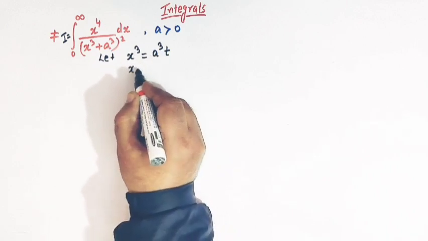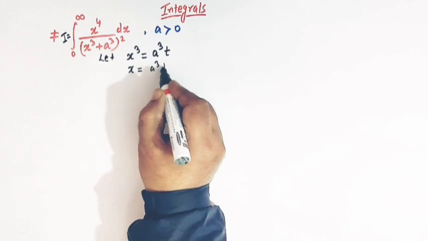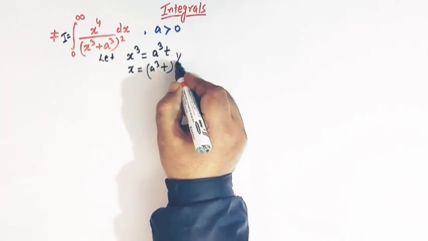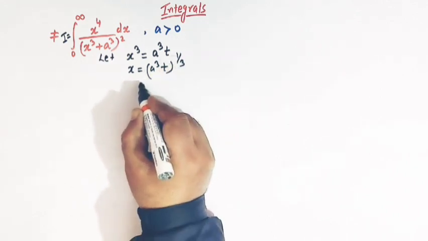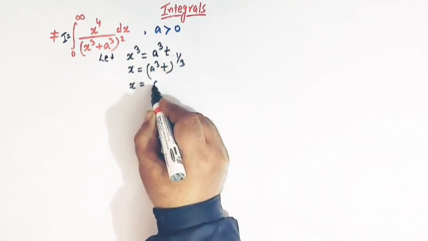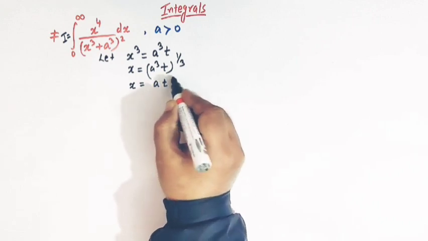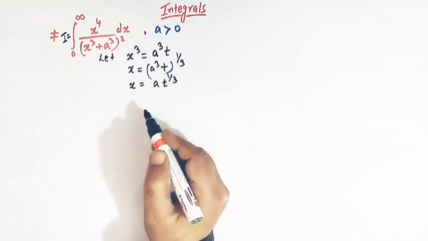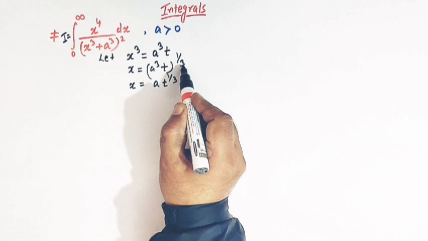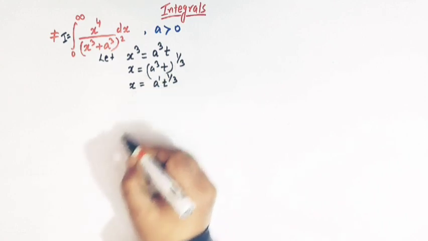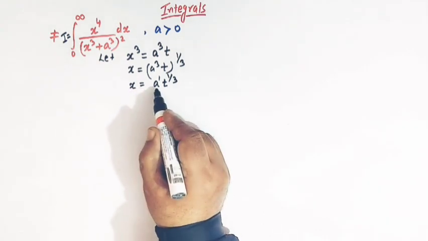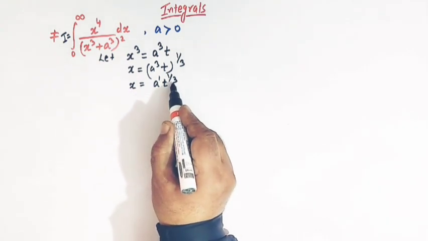So x can be written as the cube root of a cube t, that is, a t raised to 1 over 3. Here 3 and 3 get cancelled, so we are left with the exponent 1. So x is equal to a t raised to 1 by 3.